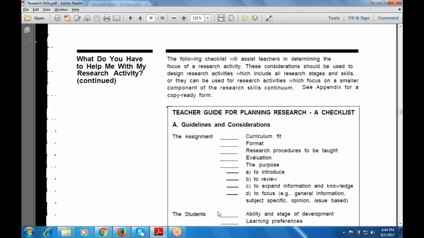So assignments will include evaluation for the research procedures to be taught.